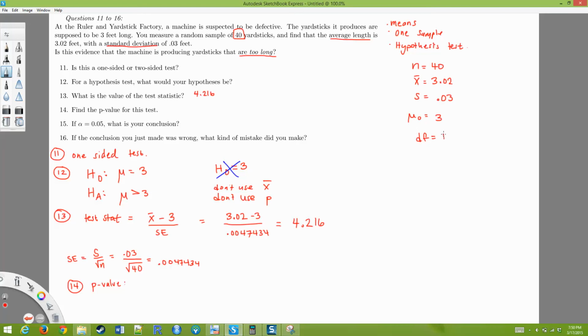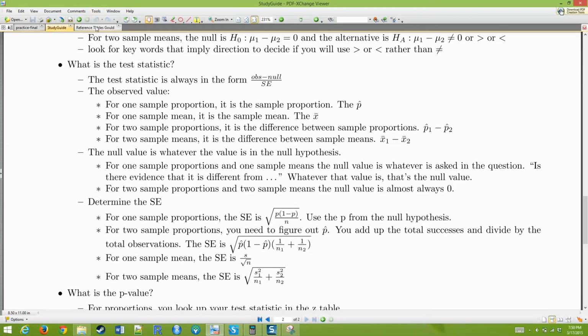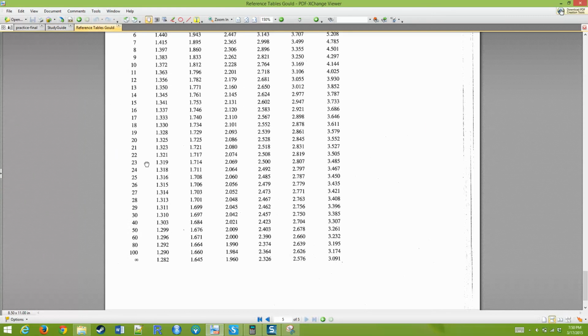Degrees of freedom is n minus 1. So I have 39 degrees of freedom. If I go to my reference table, the t-table, I don't have 39 degrees of freedom. So what do? I always round down. So 39 is closer to 40, but always round down. We're going to use 30 degrees of freedom.